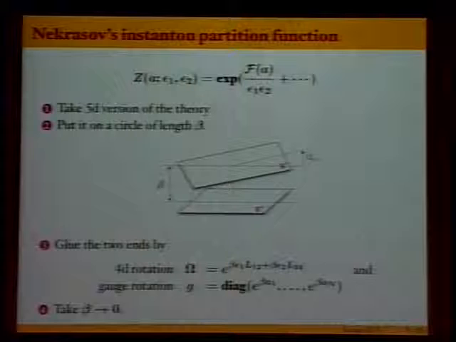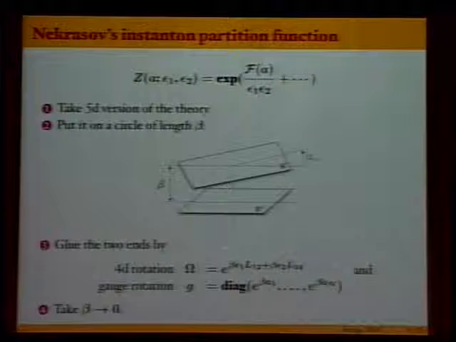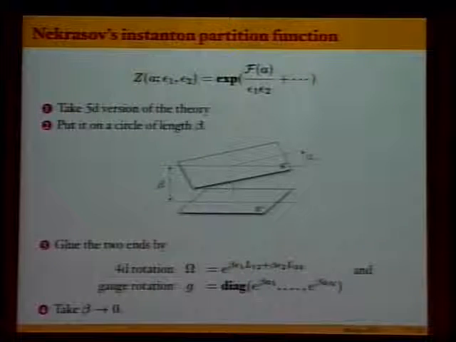And as you know, a 4-dimensional rotation can be decomposed into rotations of two planes in it. So it can be parameterized by epsilon1, which is the angular velocity along the 1-2 plane, and epsilon2, which is the angular velocity of the 3-4 plane, right? And the gauge rotation is given like this.